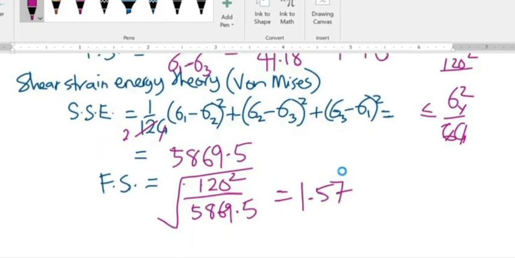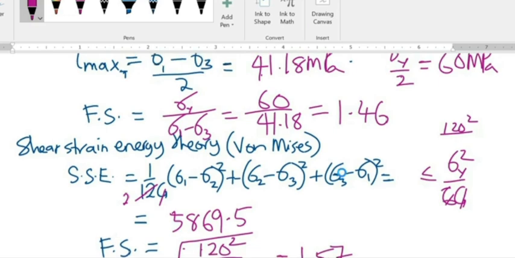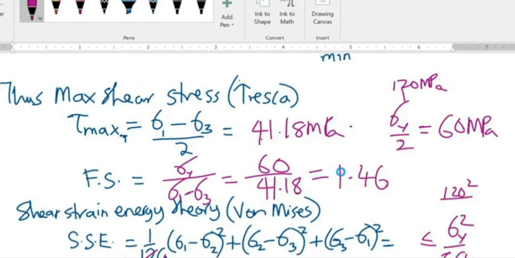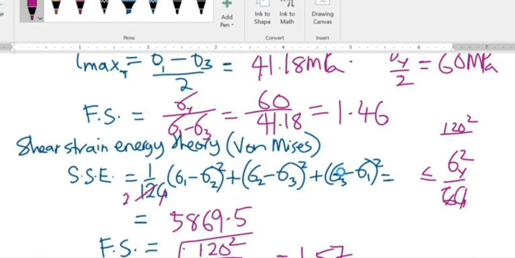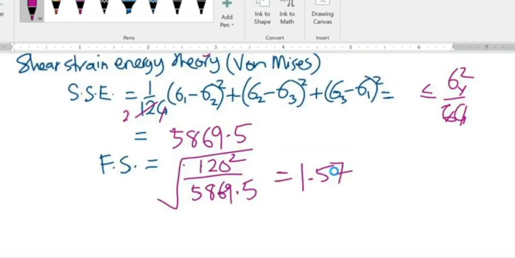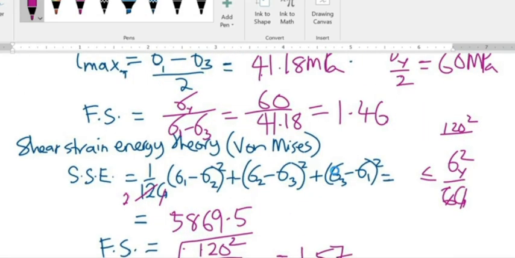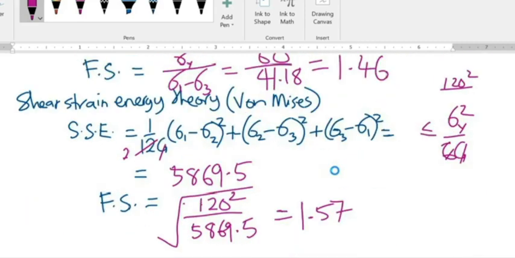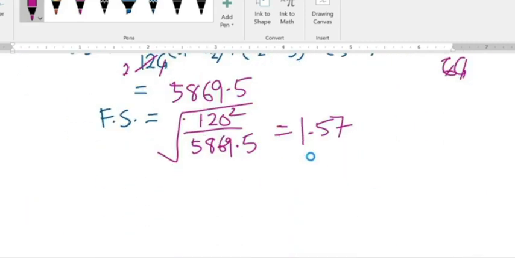So look at it, which one is more conservative? I think conservative means you are going to economize material. So it means the maximum shear stress theory is more conservative. The first one is more conservative, more economical, right?